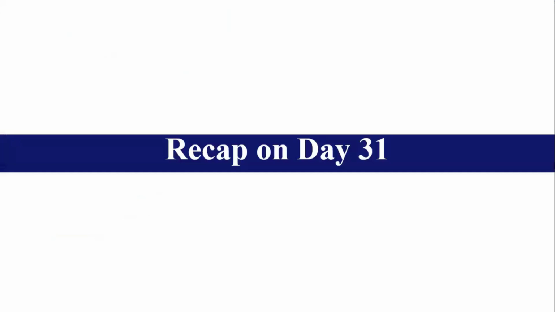Recap on the 31st. Yesterday we talked about COUNTIF and COUNTIFS, where we said COUNTIF is always counting the appearance of a specific range of data with a given criteria, while COUNTIFS with S is counting the specific range of data with multiple criteria.